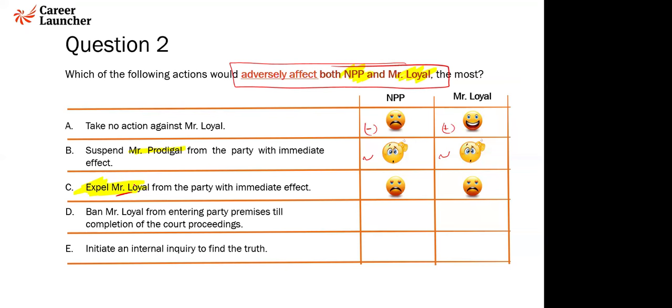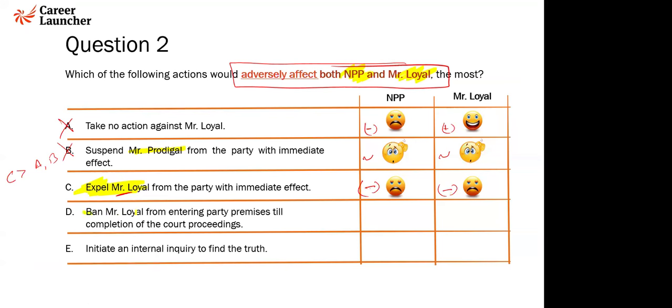So expelling Mr. Loyal with immediate effect is not going to be positive for NPP. It is negative for NPP, and it is also negative for Mr. Loyal, because whatever clout Mr. Loyal had within the party, he has probably lost, and he will not be able to help his son also, and his political career might have some challenges. At this point of time, I'll say choice A and B can be eliminated. At this point, I'll say C is definitely better than A or B.